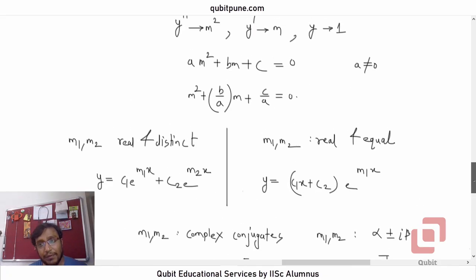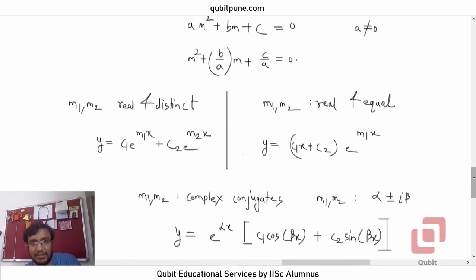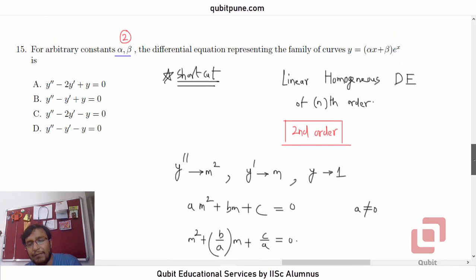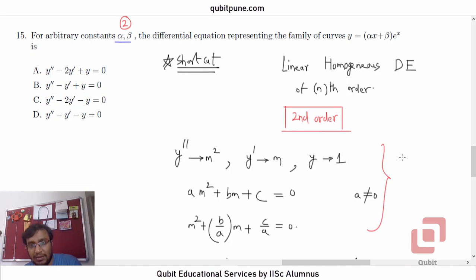Now which one of the solutions matches with the given solution? Alpha x plus beta into e to the power x, that is basically referring to the repeated roots case, right? Which means we need to now pick a differential equation whose auxiliary equation has root 1.